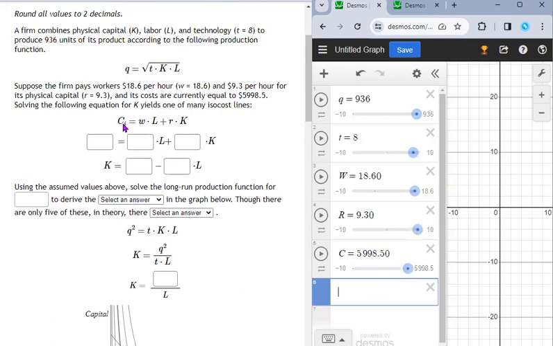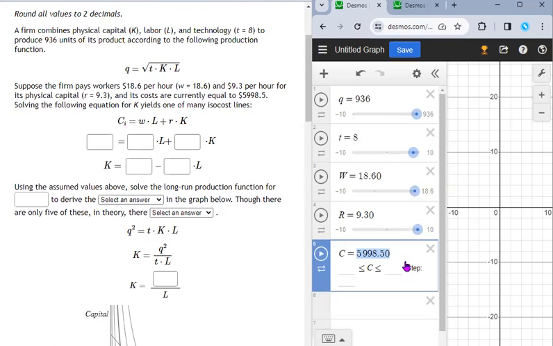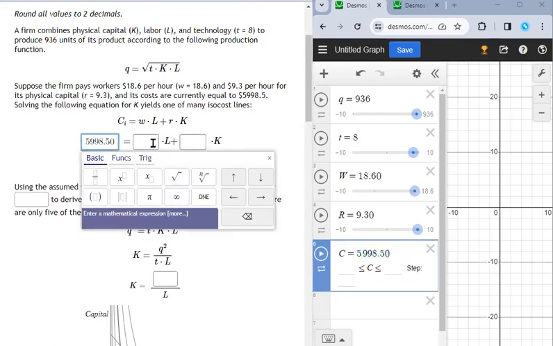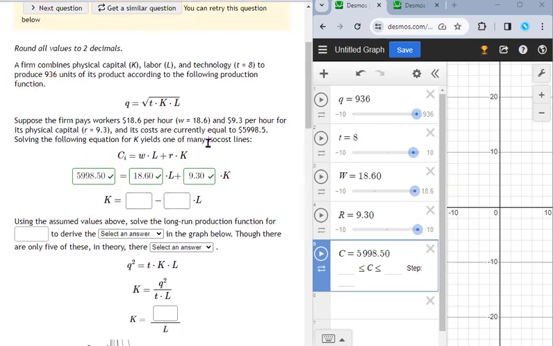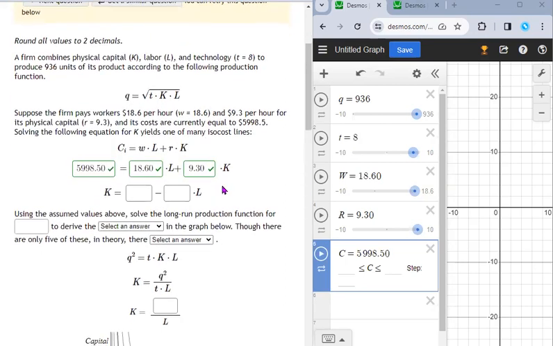Now, cost at time I is 5,998.5, right? And the wage is $18.60 per hour, and the cost of capital is $9.30 per hour. Okay. Then we want to solve for K.